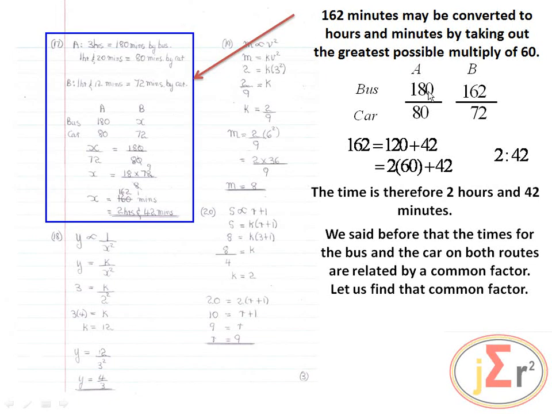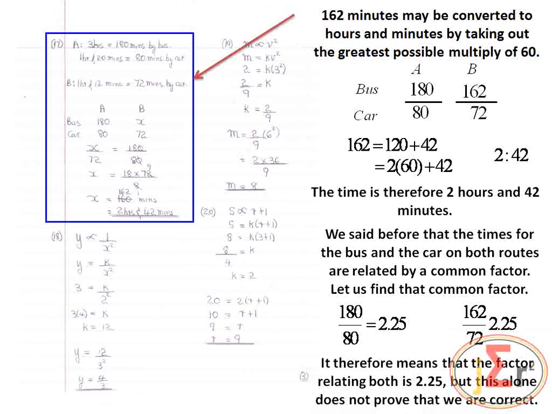So 180 divided by 80, we get 2.25. And we are also saying that on route B, the times for the bus and the car should be related in the same way by the same factor. If the answer that we got is actually correct, 162 divided by 72 is actually equal to 2.25 also. It therefore means that the factor relating both is 2.25.